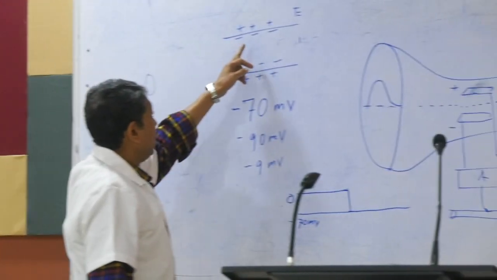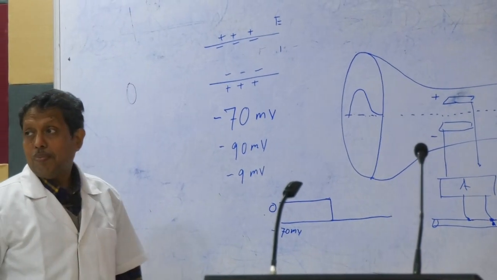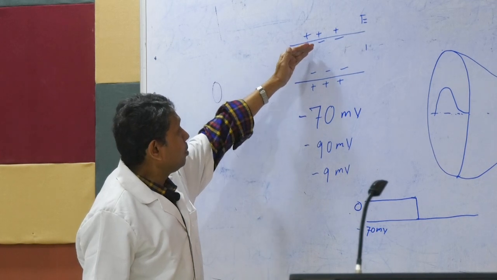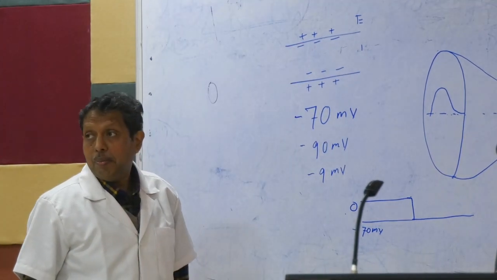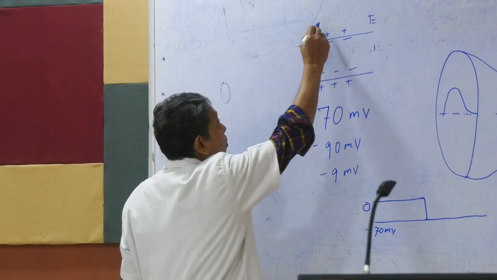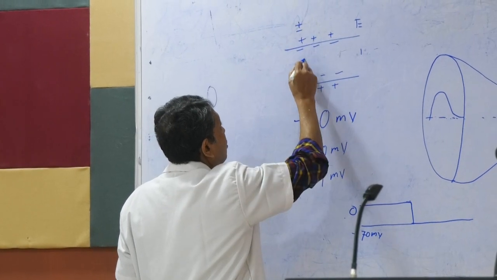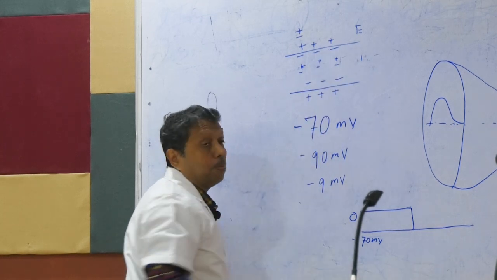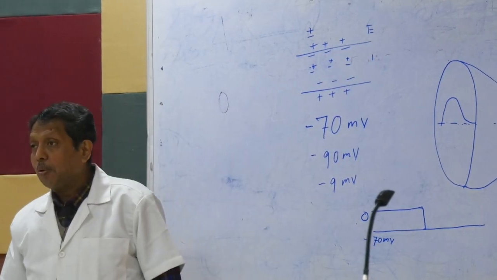And charges are separated in this way by means of ions. There is charge separation by these membranes. Everywhere there is equal positive and negative charge; only across the membrane there is a difference, and the membrane potential develops.